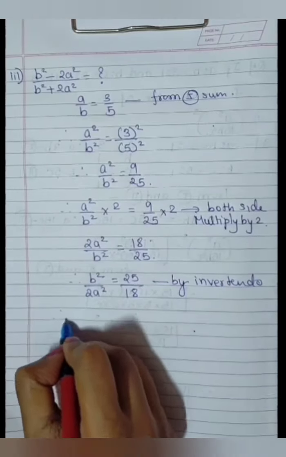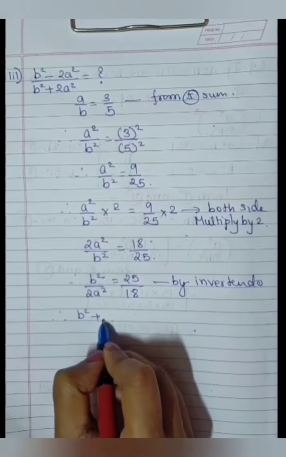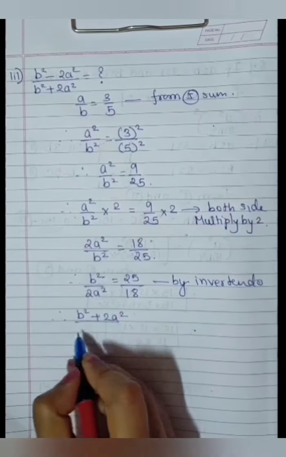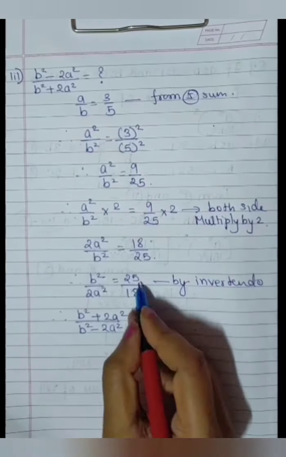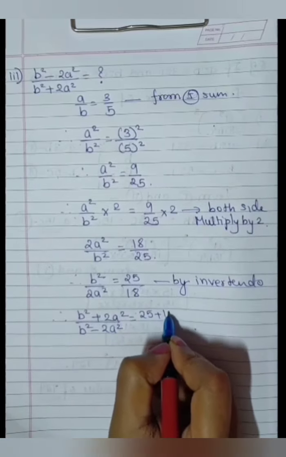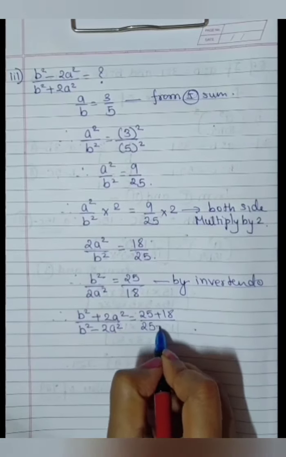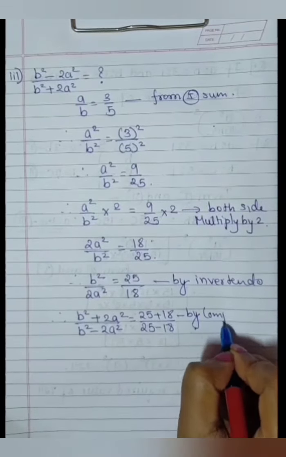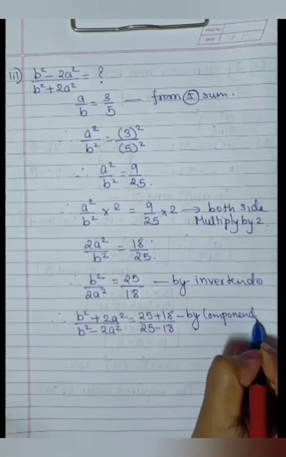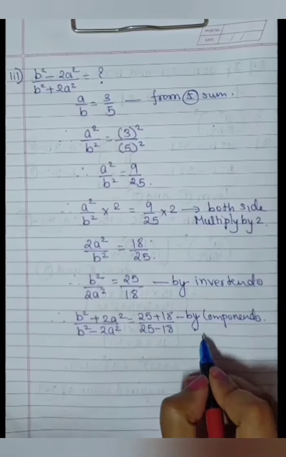So therefore (b² + 2a²) upon (b² - 2a²) is equal to (25 + 18) upon (25 - 18) by componendo and dividendo.